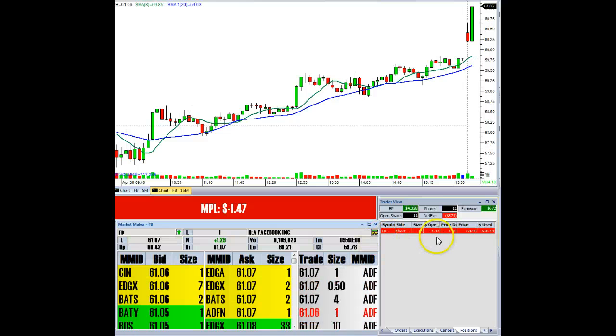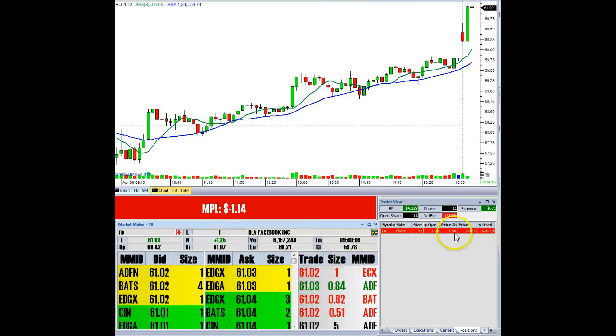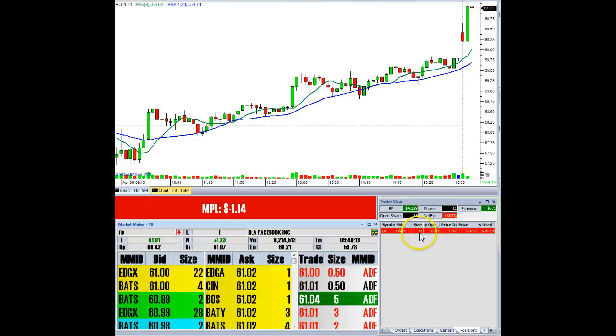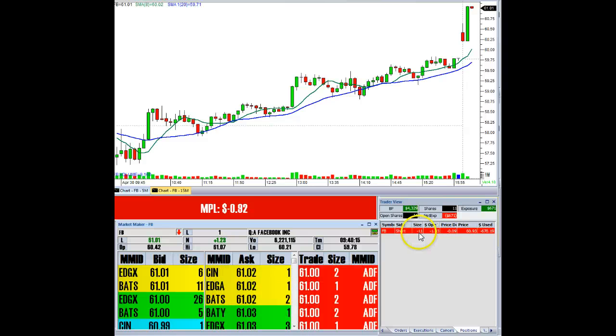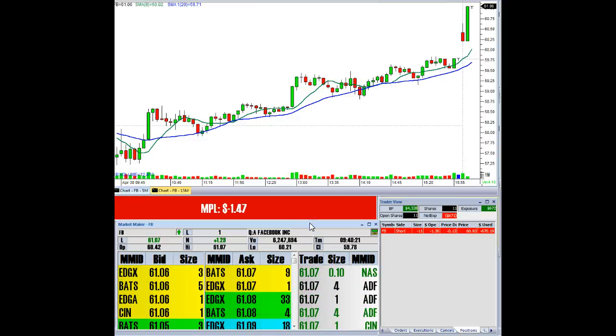Okay, so now I'm 13 cents away, down $1.36. So now I'm 10 cents away. So when I get back to break even, what I'll do is then reduce my risk by cutting this position in half. So I'll cut it down to like 5 shares short instead of 11 shares short.